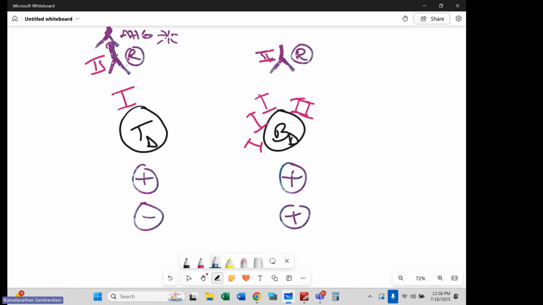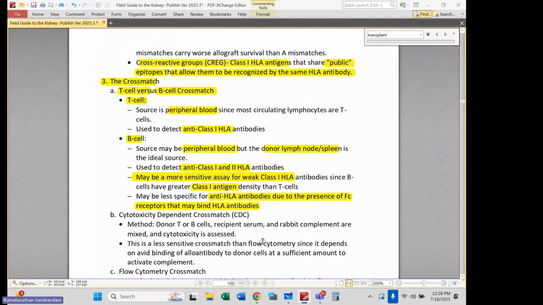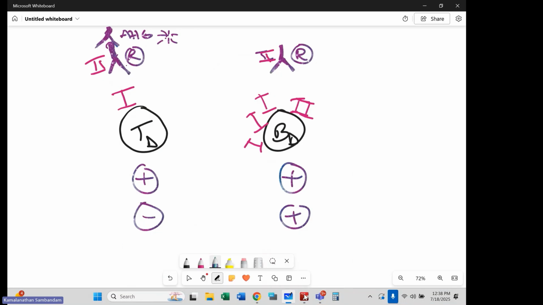Okay? That lighting up is detected as a positive result. So you can also have some false positives that can arise because, if you recall, B cells can bind immunoglobulin because B cells have Fc receptors.